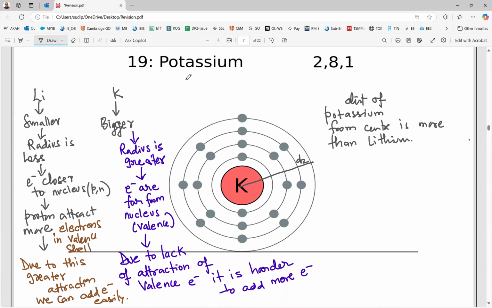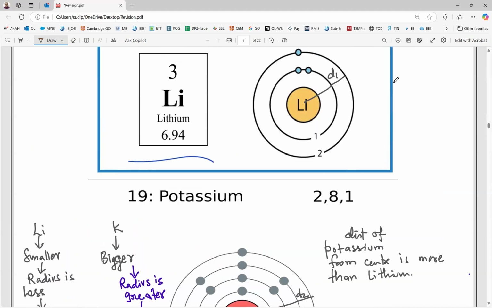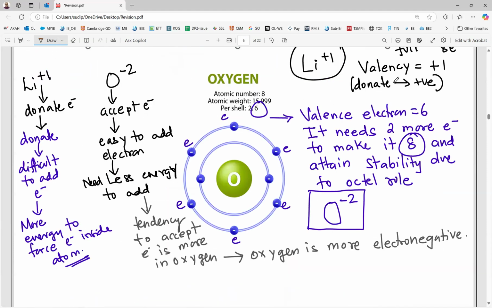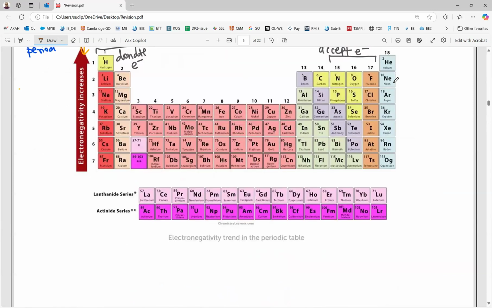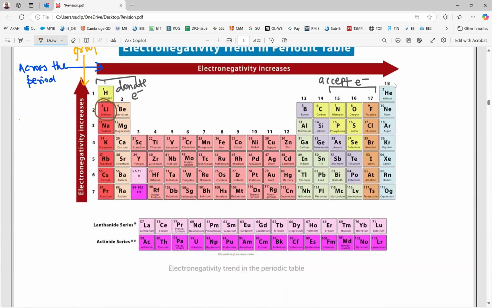So now let us go back and look at that chart again. If you look at this table, we now understand that lithium can accept an electron faster than potassium. That is why lithium has greater electronegativity.